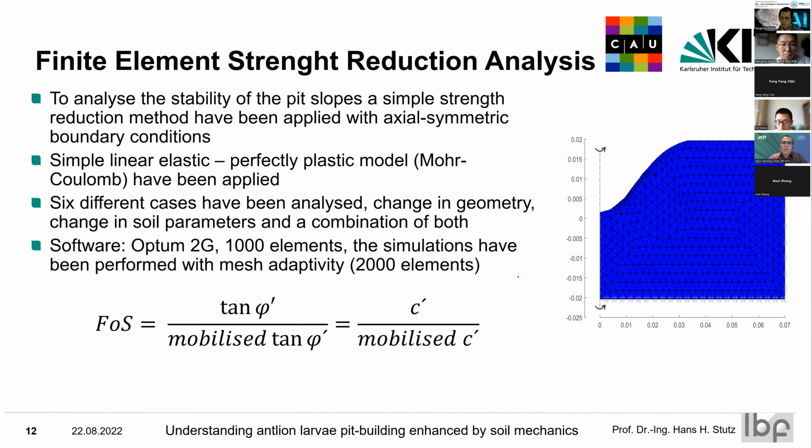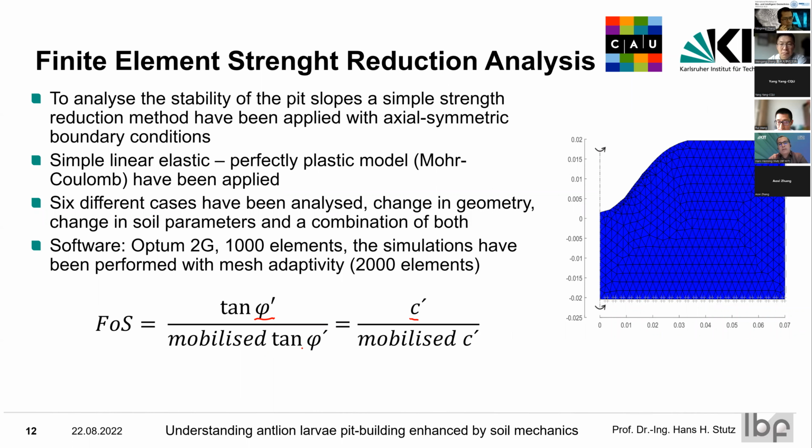To confirm this, in addition, we did some finite element strength reduction analysis. So we had the simple geometry, which you see on the right-hand side here. What we did was a simple strength reduction method. We applied a certain friction angle phi and cohesion, and then we reduced these until we reached failure.